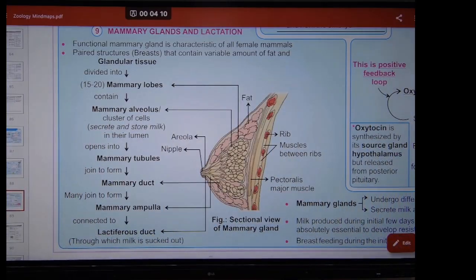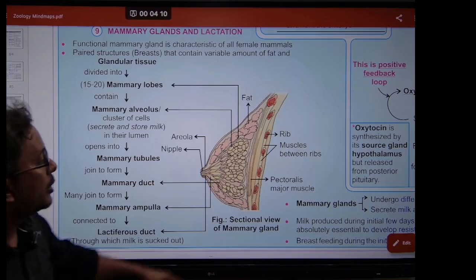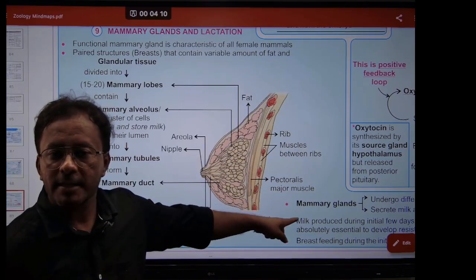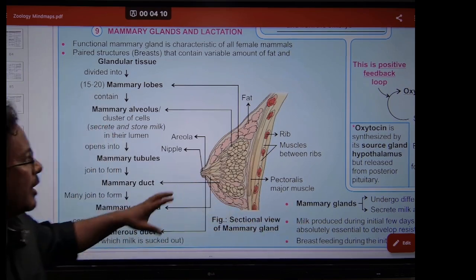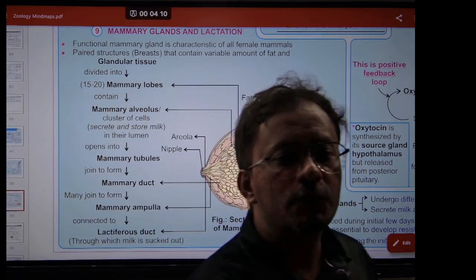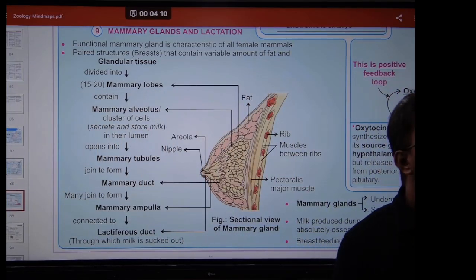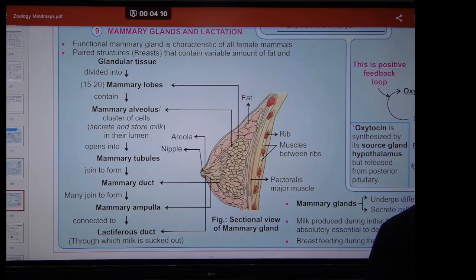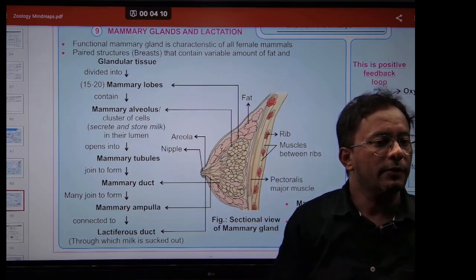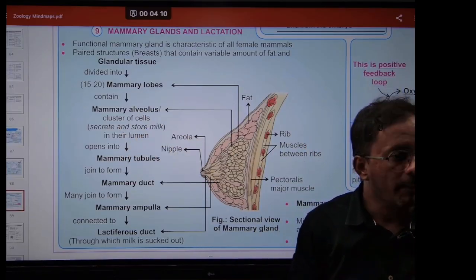And generally the breast is attached to the outer thoracic wall through a muscle. This muscle is called as pectoralis major. And the glandular tissue in each mammary gland is divided into 15 to 20 mammary lobes, and each lobe is made up of clusters of cells called as, what are they called guys? Alveoli, which produce and store the milk.